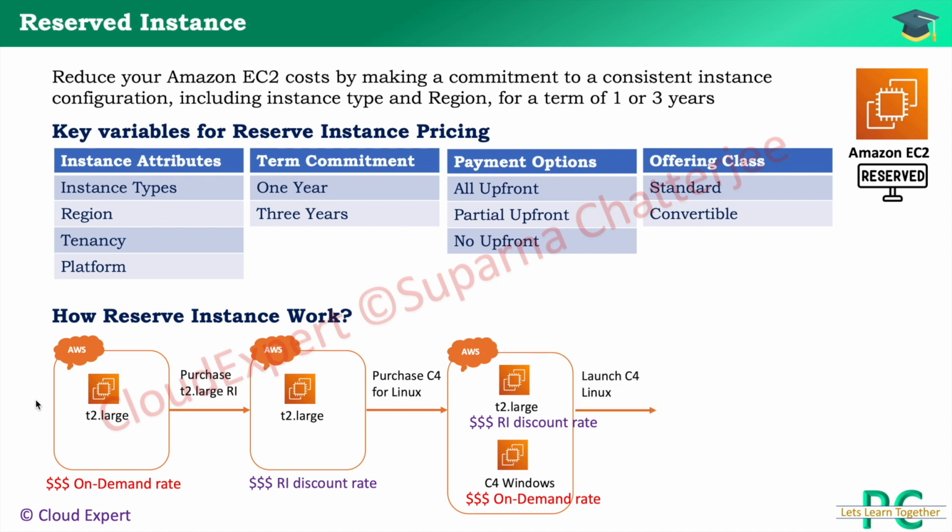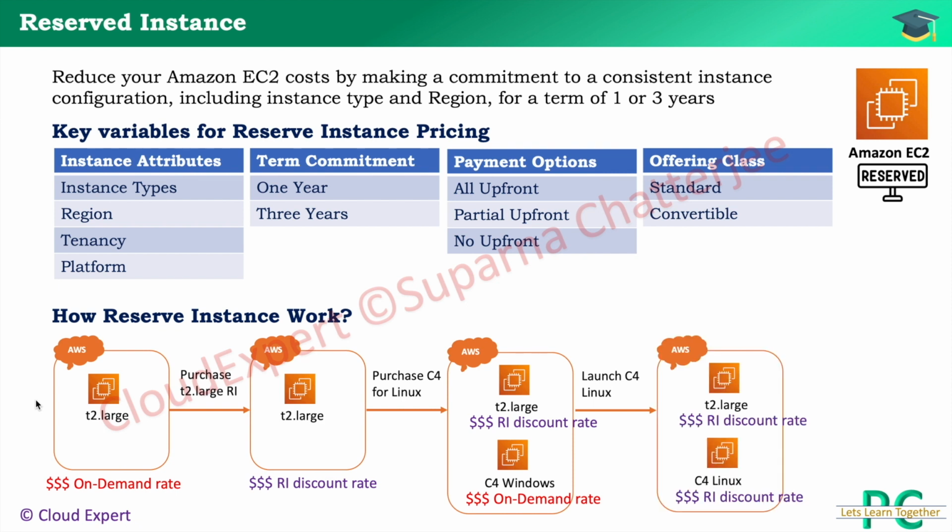Now, if you launch a C4 Linux, in that case, you are going to get the reserved instance discount for both the instances. So you have to understand the reserved instance is solely based on the attributes. If anything is not matching, you will not get that discount.